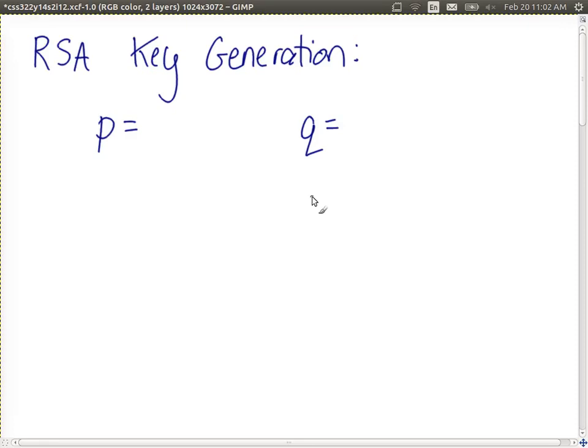Any others? 111, I don't know if that's prime, maybe. Too hard. Some that I can calculate in my head. 71. So we choose two prime numbers, okay? And you can choose any two. They should be different. For now, we can choose any two.